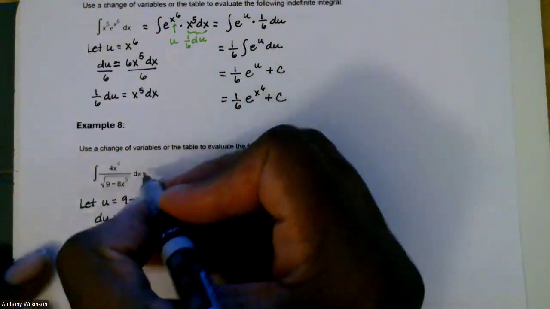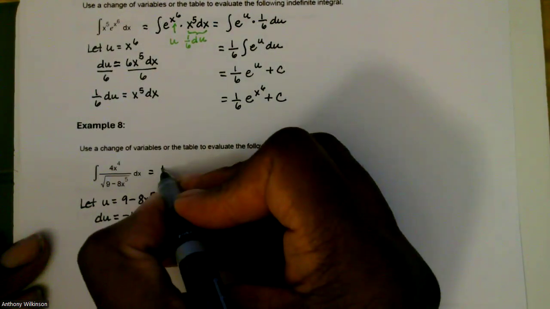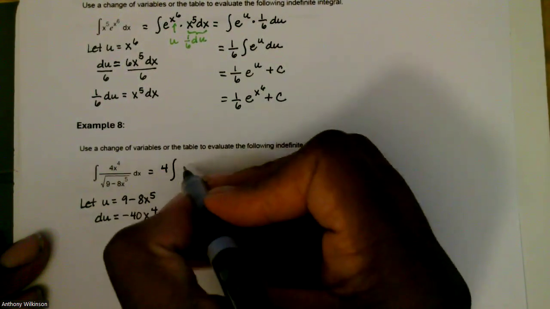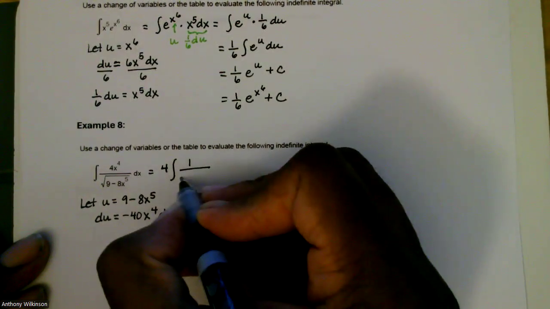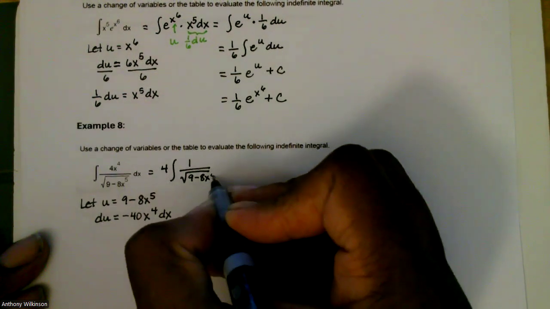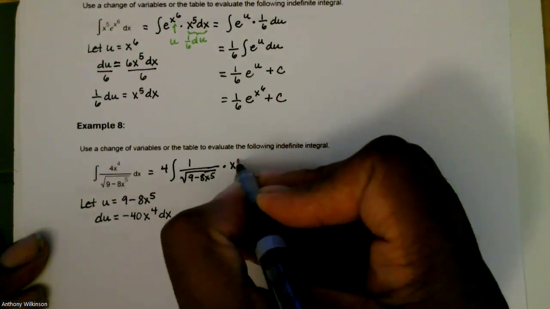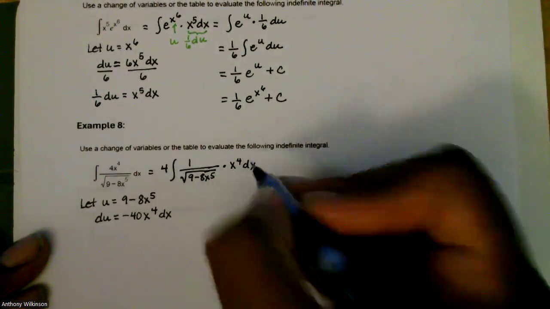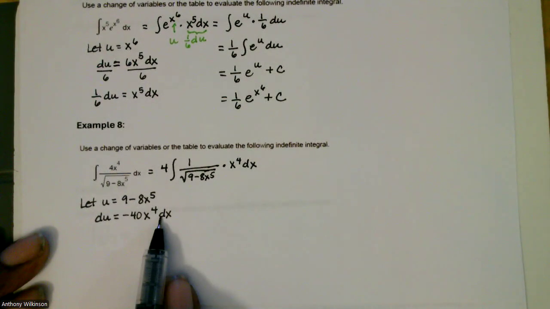Now I'm going to do this right here. I'm going to pull this 4 out in front, so it'll be 4 times the integral of, let's say, 1 divided by the square root of 9 minus 8x to the fifth times x to the fourth dx. And I do have x to the fourth dx here.